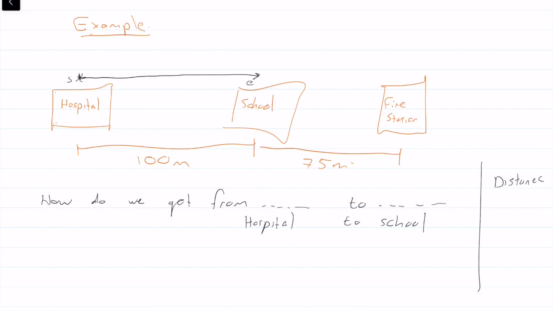The reference point is the from. So this is my positive direction. To get from the hospital to the school is 100 meters, positive 100 meters.